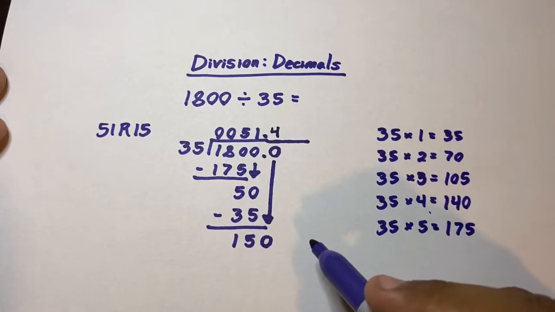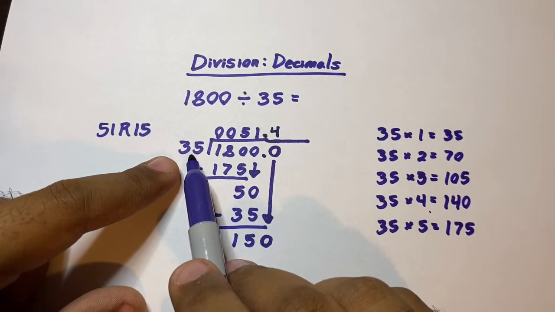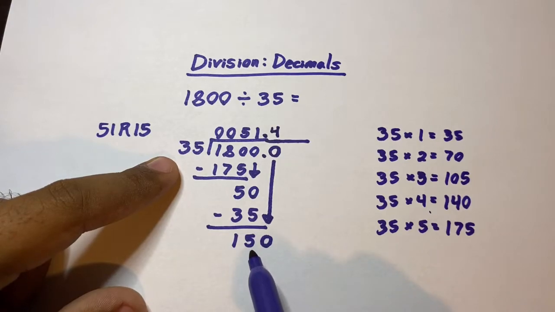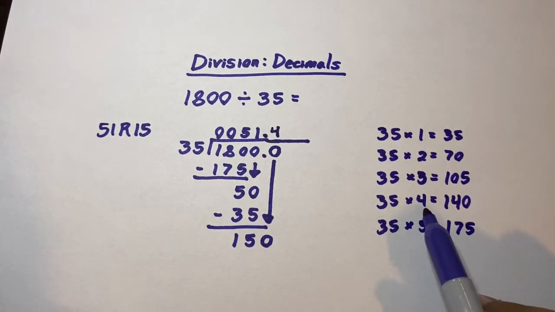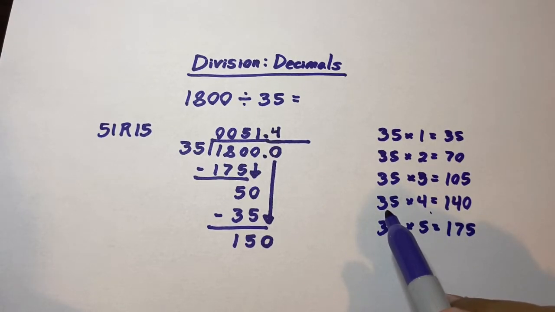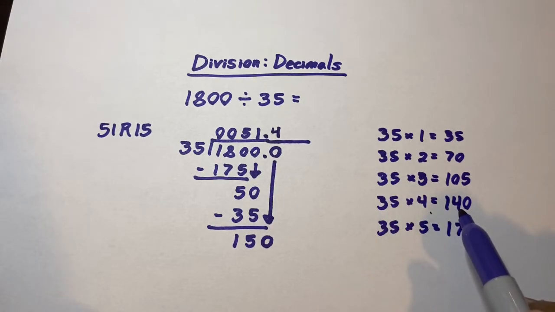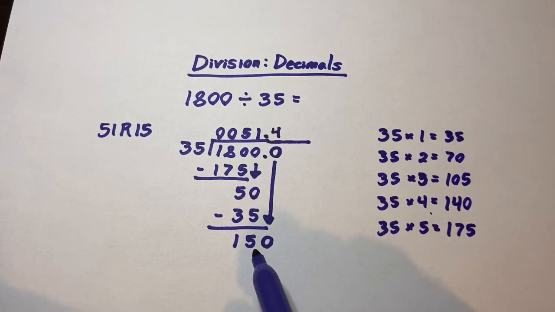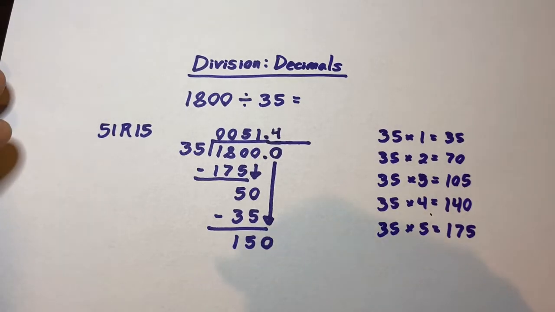Okay? One more time. This 35 can go inside 150 at least 4 times, because 35 times 4 is 140. And we know 140 can fit inside 150. Okay? I'm going to move on.